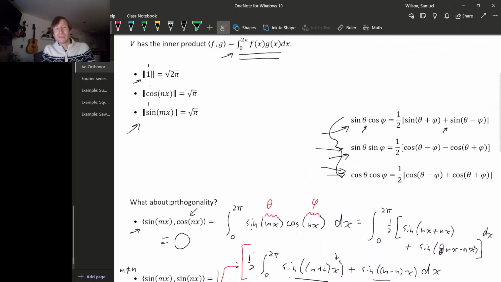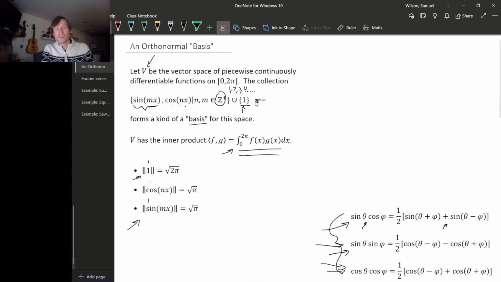So this basis for this vector space that we have, and again, quotes around basis, because we have to take infinite linear combinations to be able to produce any vector in this vector space, although there's a slight caveat to that too, but that's the general idea. This basis is an orthogonal basis.